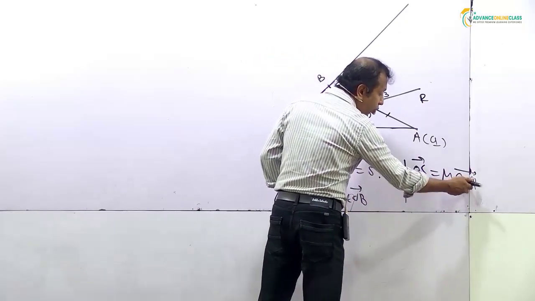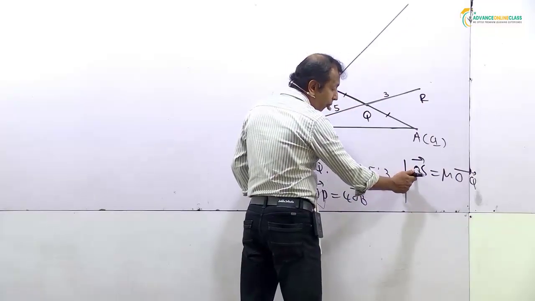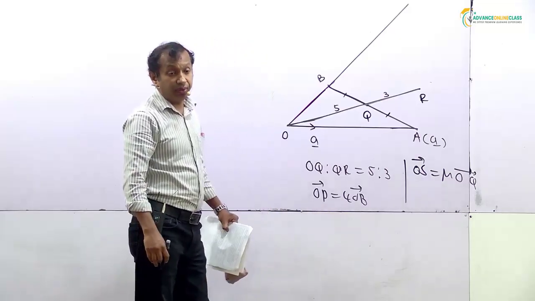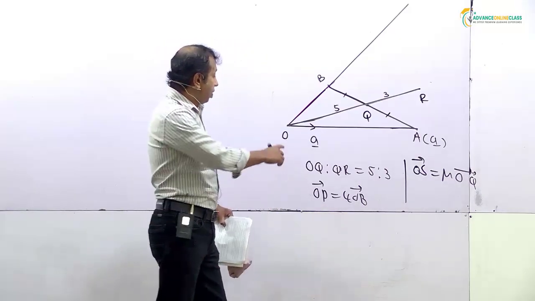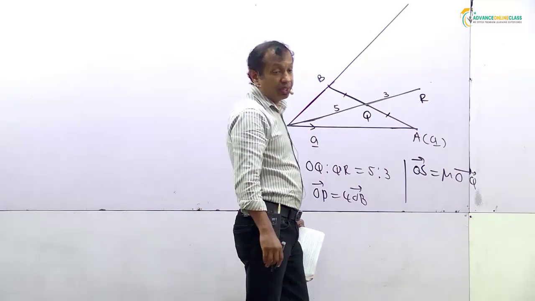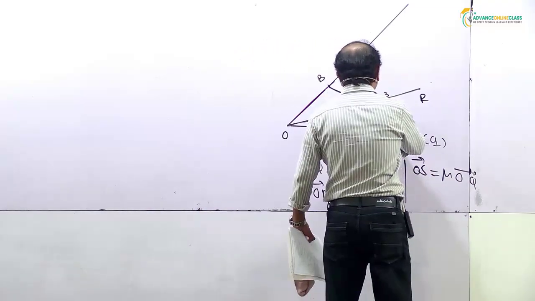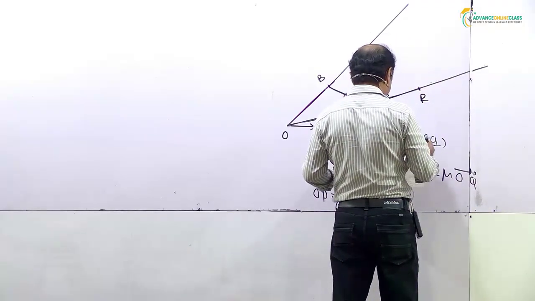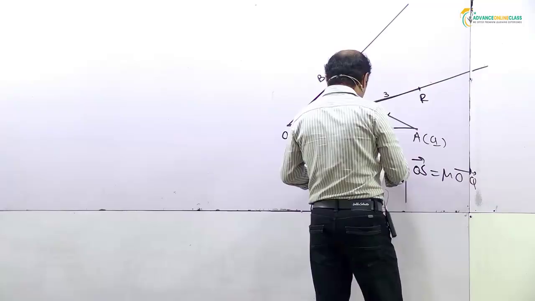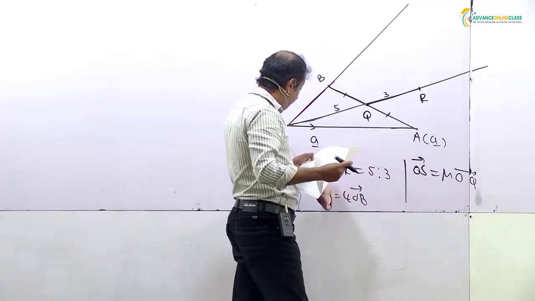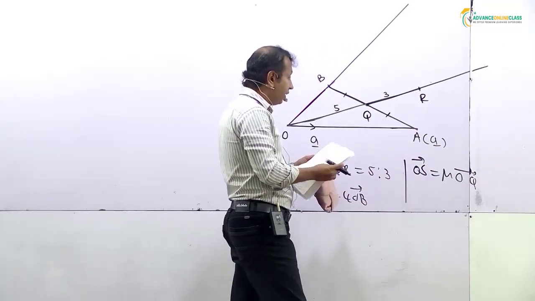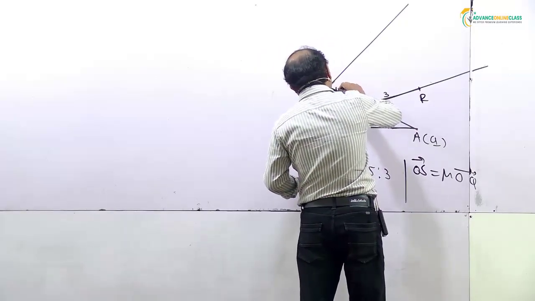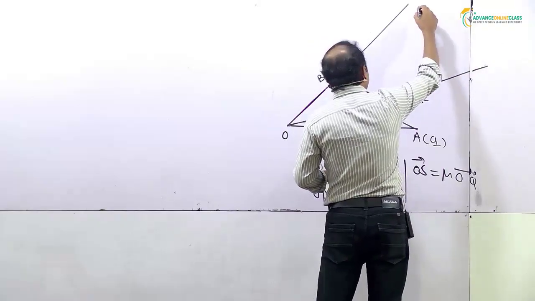OS equals mu OQ means O, S and Q should be on the same line, that is, S is on the line OQ produced. And now, PS is parallel to BA, given, no? This side and this side are parallel.